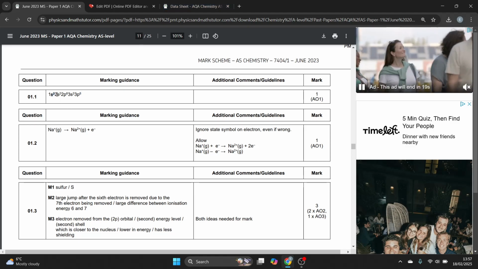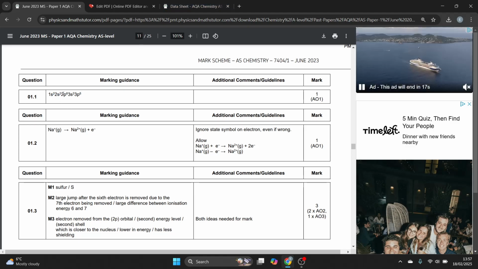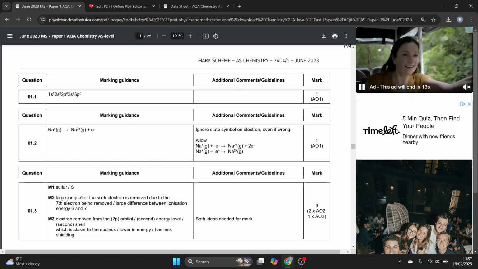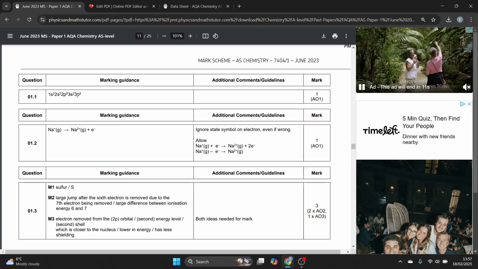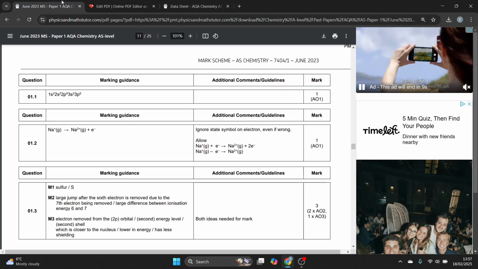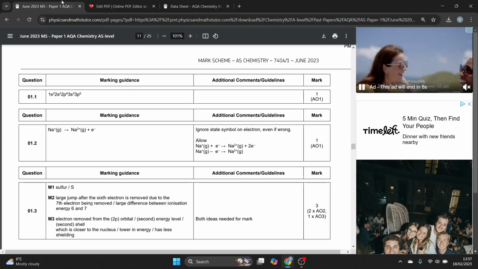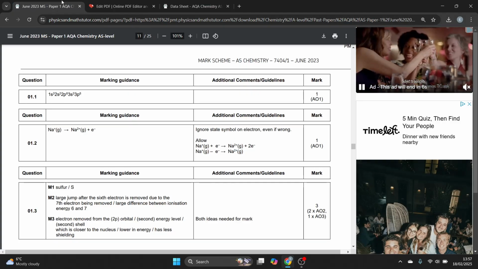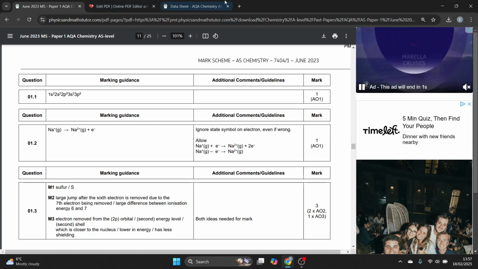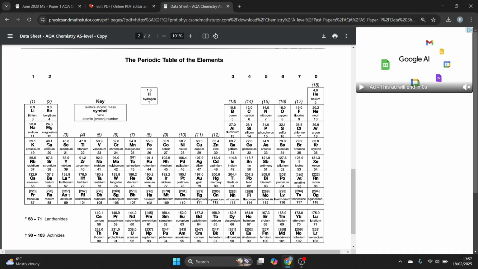How many electrons are there? 2, 4, that's 6, plus 6, 12, 22 electrons. So 1s2, 2s2, 2p6. No, it's not 22. 2 plus 2 is 4, 4 plus 6 is 10. 20 electrons, and yeah, that makes sense, calcium.